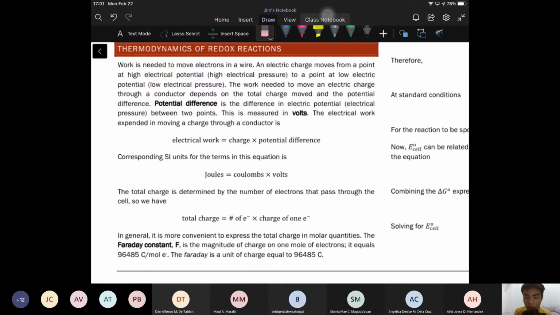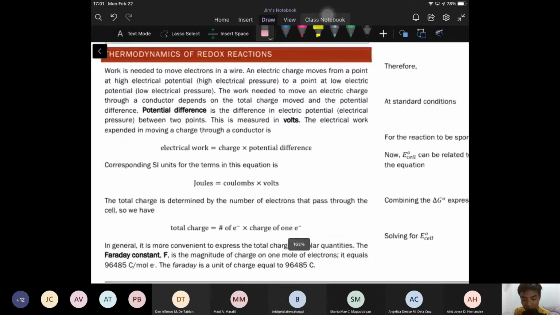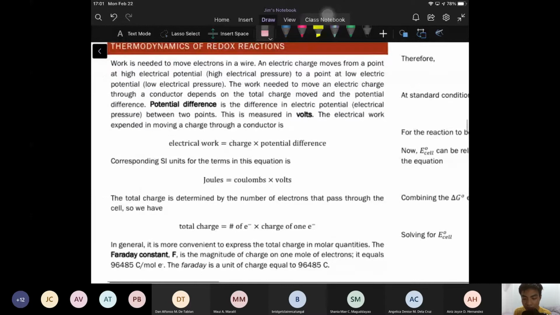So, pag pinag-multiply mo yung charge and the cell potential, that will give you the electric work. In this case, marami kasing conversion yung joules. Pwede siyang kilogram, meter squared per second squared. For this case, a joule will be equal to the coulombs of charge times the voltage.